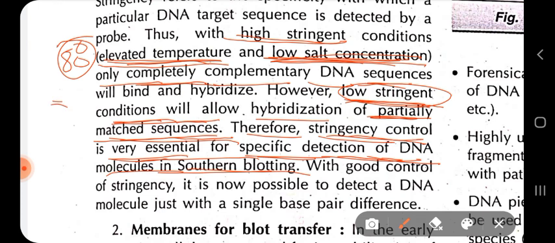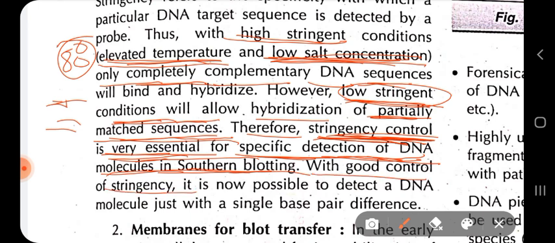The other sequences which are not targeted, which have one or two base pairs complementary with the probe, will not hybridize. But if you have no stringency control, then partially matched sequences will hybridize, and that will give you an error result. So stringency control is very essential for specific detection of DNA molecules in Southern blotting.